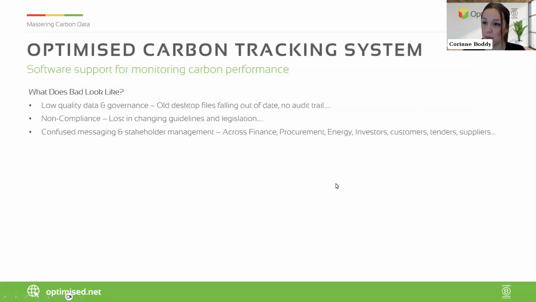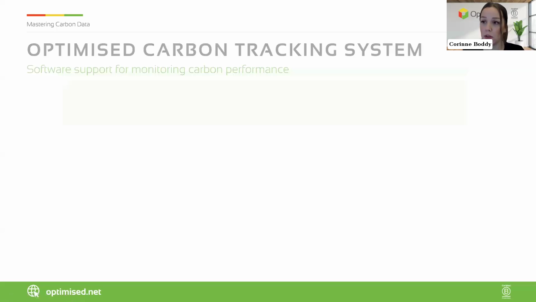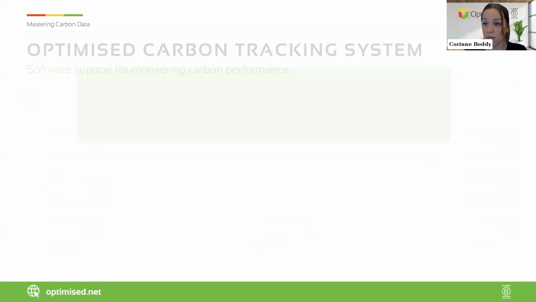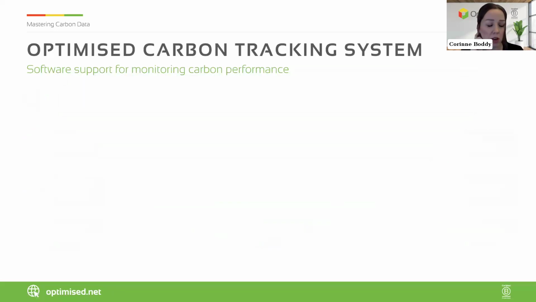So by this point, if we just pause, we've explained to you the high-level science of carbon accounting. I mean, we could talk to you for a week straight about the detail, but we've tried to give you a short appraisal. So there's the science of the accounting, there's why you need to do it, and there's where it fits into your journey. So now we want to talk about the software and how we would recommend that you do it.